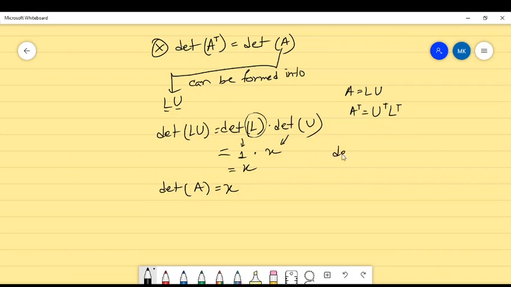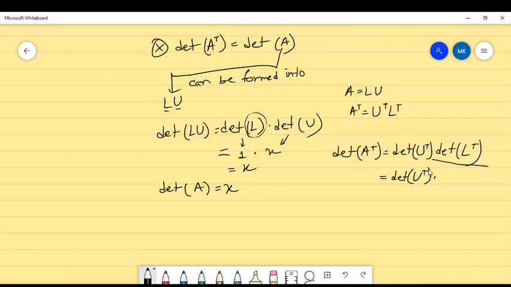So the determinant of A transpose equals the determinant of U transpose times the determinant of L transpose, according to rule 9.